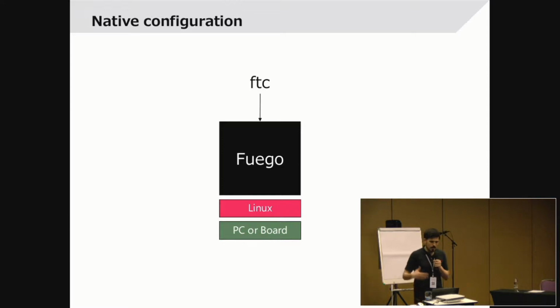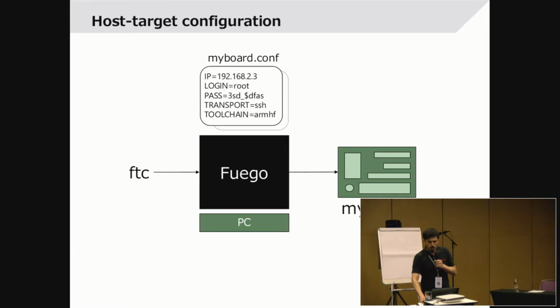It was mainly triggered by the need of Chase, to have a Docker container that could be run natively, and I think this is a great idea. So basically, you can now have Fuego installed natively on Debian or on Ubuntu or anything that runs Python. These are the two main configurations.